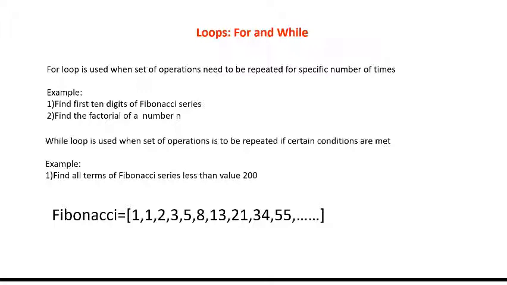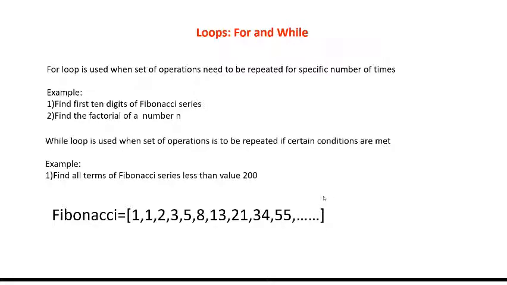Like this, 2 is the sum of the first two elements, that is 1 plus 1. Then 3 is the sum of the last two elements, that is 2 plus 1. Then 5 is 3 plus 2. Then 8 is 5 plus 3, and so on.